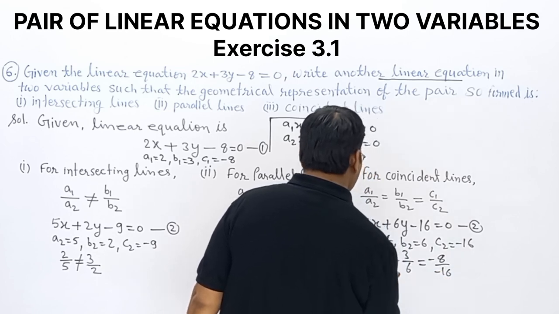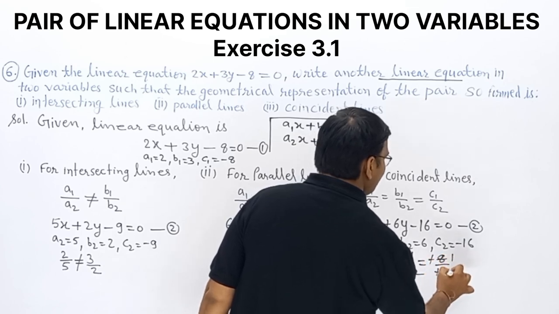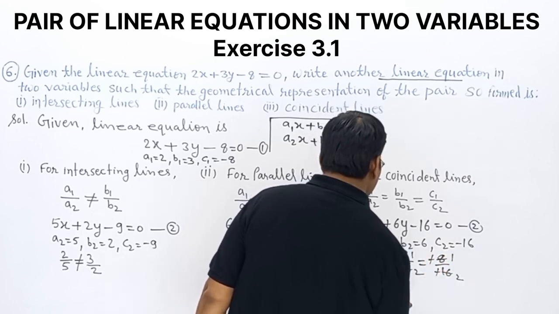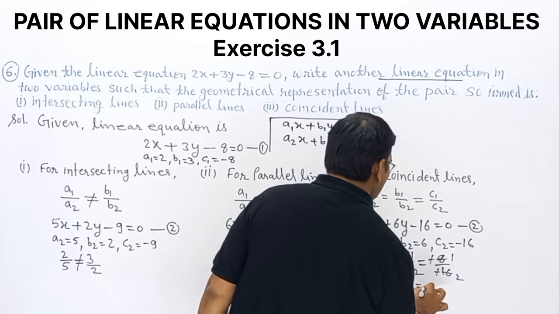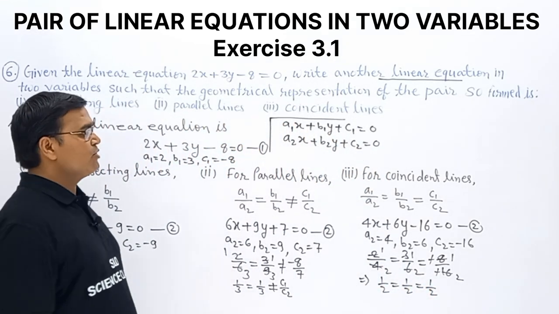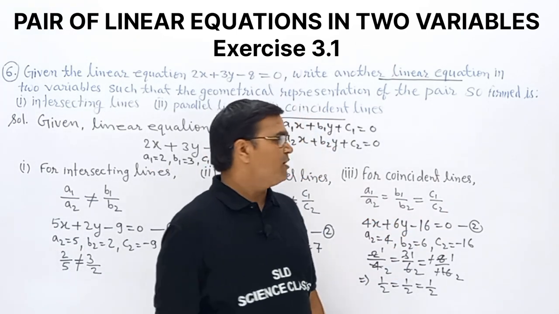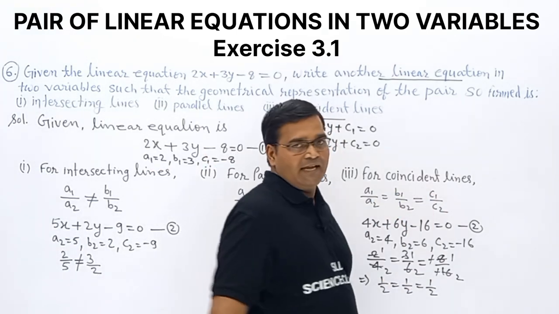This will be 1 by 2, the minuses cancel, so we get 1 by 2 equal to 1 by 2 equal to 1 by 2. It means a1 upon a2 equal to b1 upon b2 equal to c1 upon c2. So this is the correct linear equation in two variables for the coincident line.